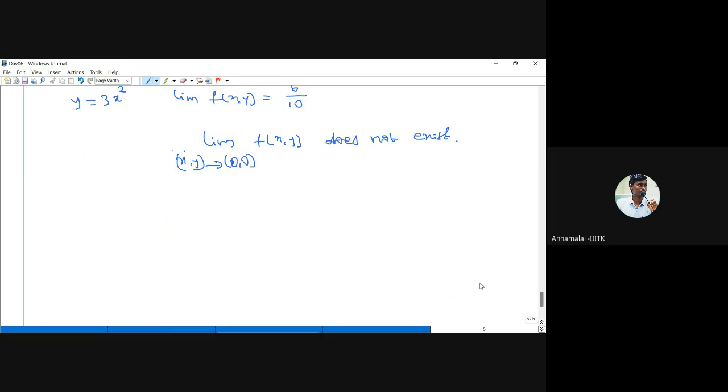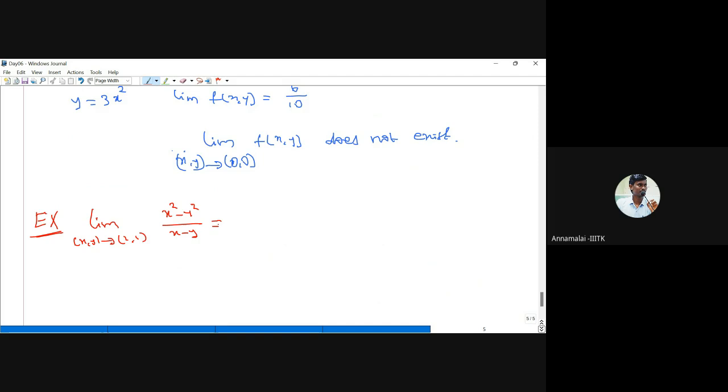So maybe I can quickly ask some questions. Example: what is the limit as x comma y approaches 1 comma 1 of x square minus y square by x minus y?